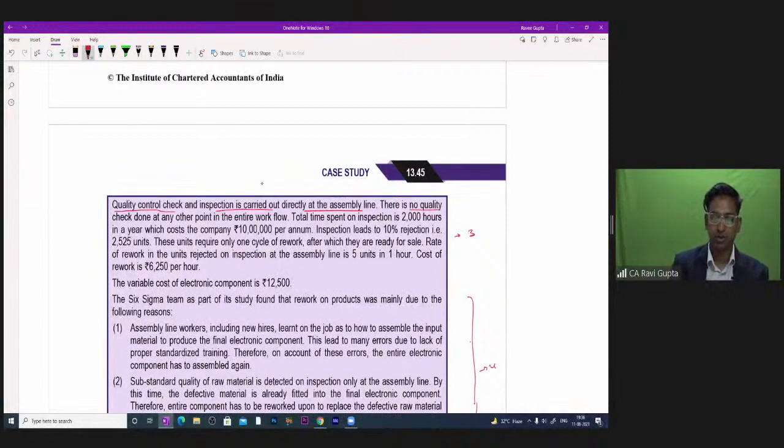The total time spent on the inspection is 2,000 hours in a year, which costs the company 10 lakh per annum. Inspection leads to 10% rejection, that is 2525 units.